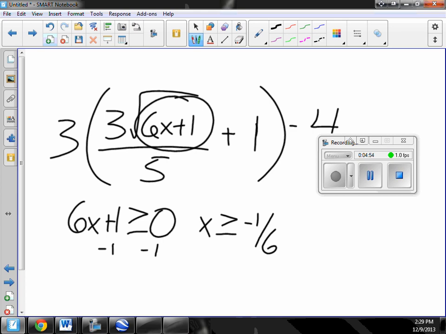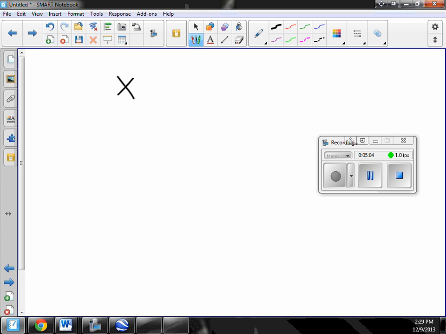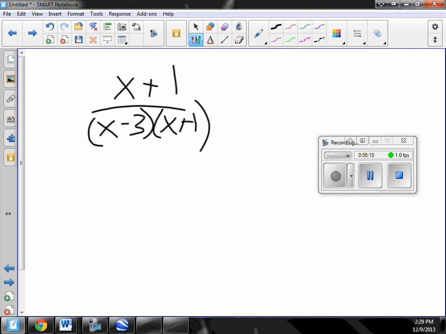They're vertical asymptotes. And where do vertical asymptotes come from? Oh, come on. What's wrong with that? Dividing by 0. If I divide by 0, then I get a non-real number.